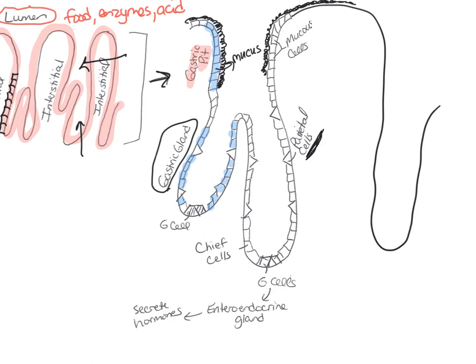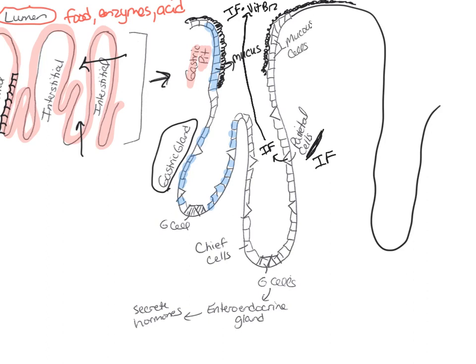The parietal cell secretes intrinsic factor. Intrinsic factor is necessary to help vitamin B12 be absorbed in the intestines. So they will secrete that intrinsic factor into the lumen of the gastric gland, and then intrinsic factor will go up into the lumen of the stomach, and it will bind to vitamin B12, and now vitamin B12 can be absorbed.